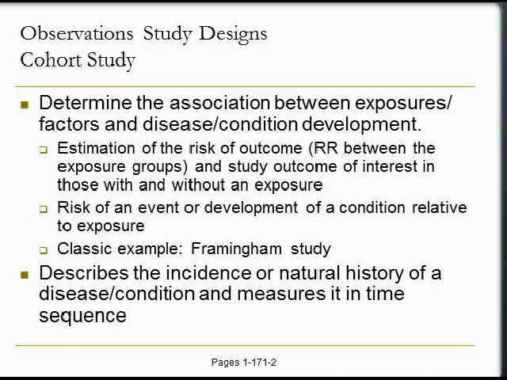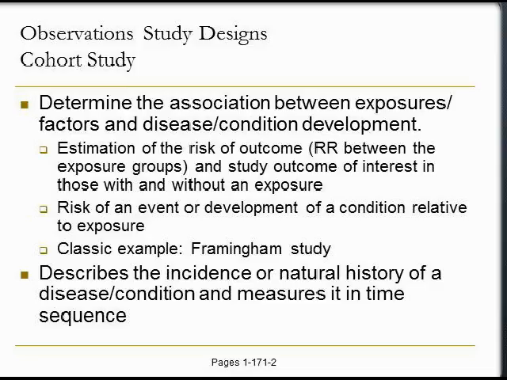Okay, so now we're incorporating some time sequence in this particular factor and evaluating this in a cohort study. The relative risk in this case is the measure of interest, and we study the outcome of interest in those with or without exposure. The classic example of a cohort study is the so-called Framingham study.